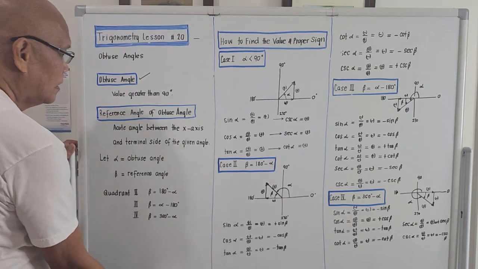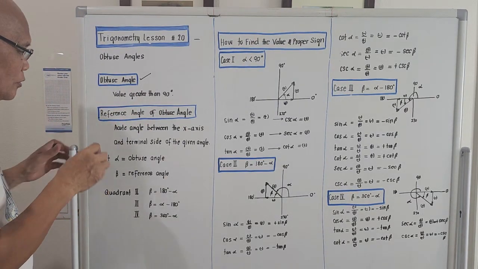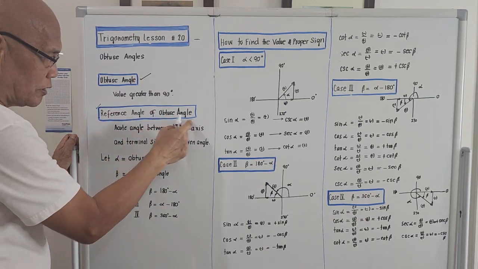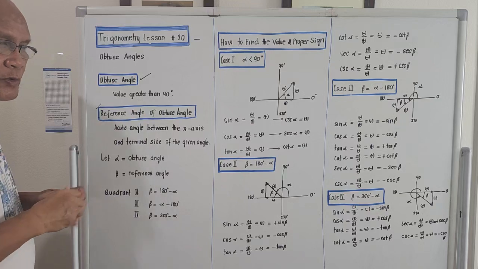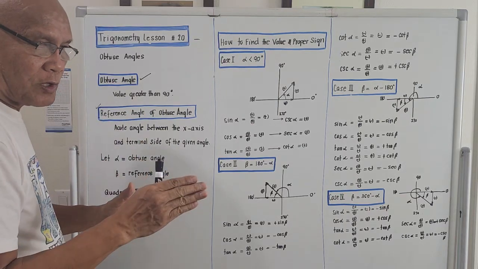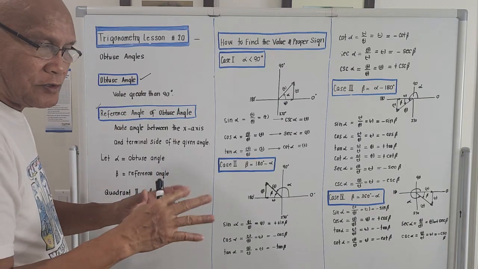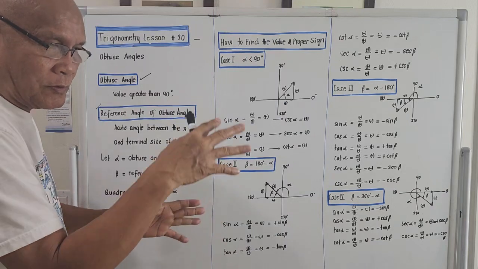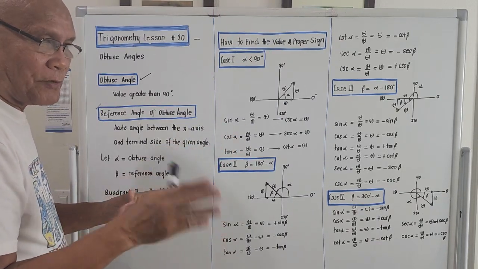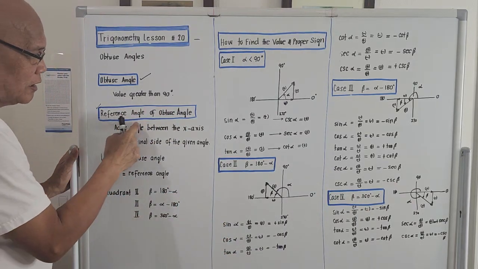Okay, let's try to bring out the definition of a reference angle of an obtuse angle. Because in the computation of the value of the different trigonometric functions for an obtuse angle, if we are just using the tables, we should know the reference angle of that obtuse angle.